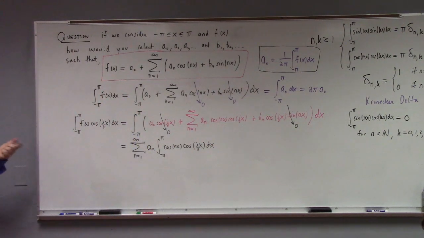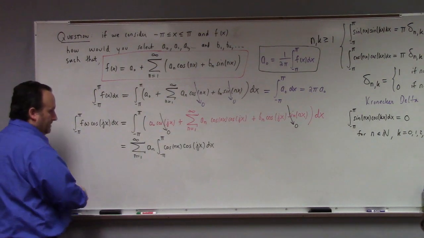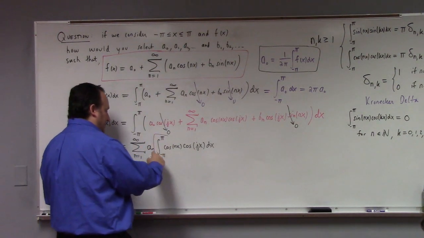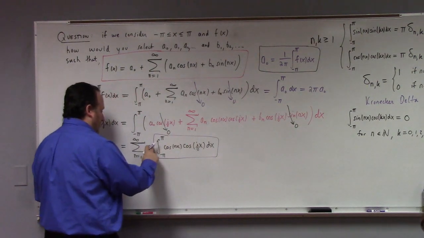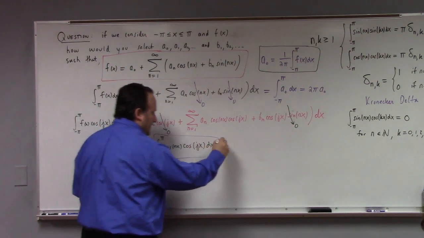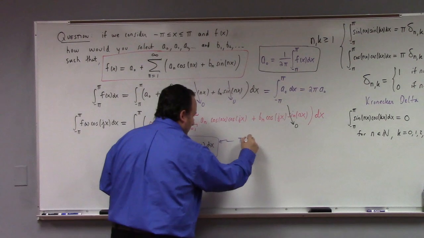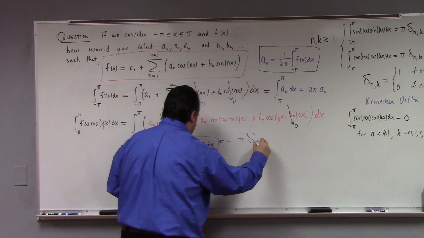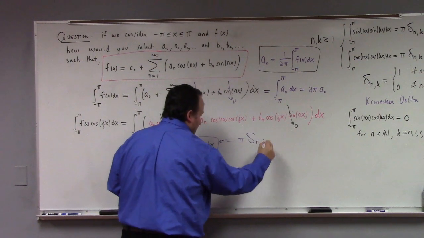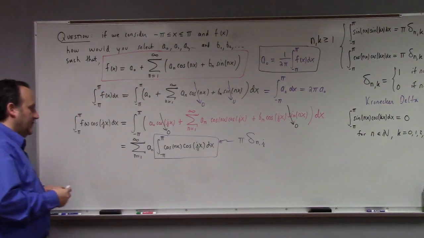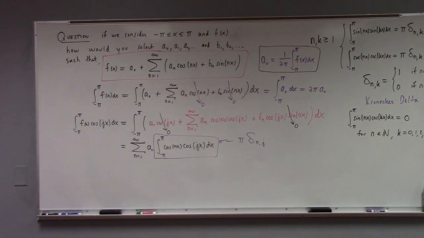But we could work out that that's actually equal to what? Remember, this is pi times the Kronecker delta of n comma j, which is just a fancy way of saying it's almost always 0. Where is it non-zero?